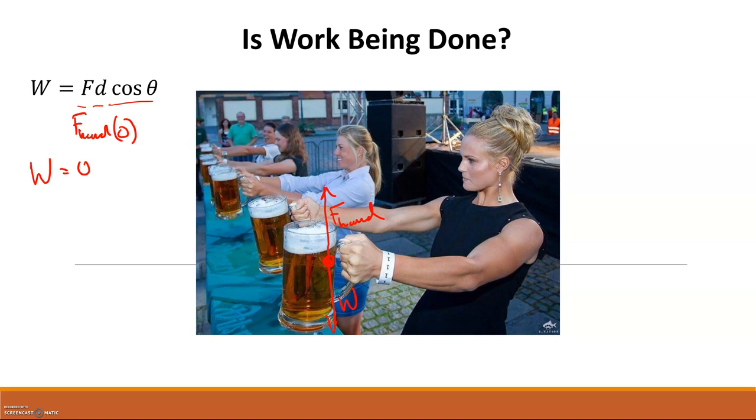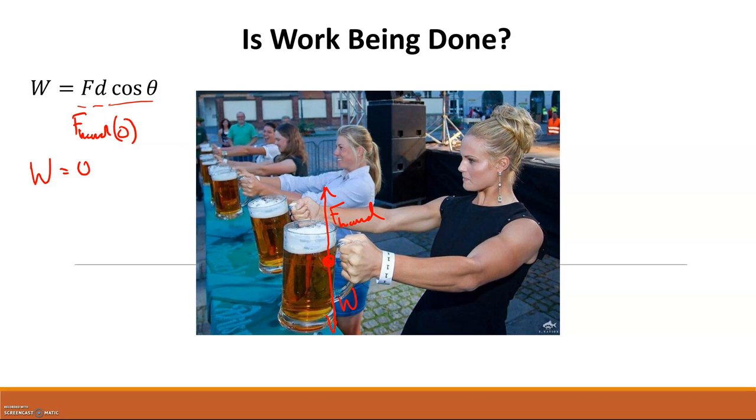Does that match up with what we would call work in our everyday lives? Well, I would feel tired doing this, right? So obviously I would say, man, I must have been doing work on this, right? And so this is where the physics definition differs from what we would call work in our everyday lives.